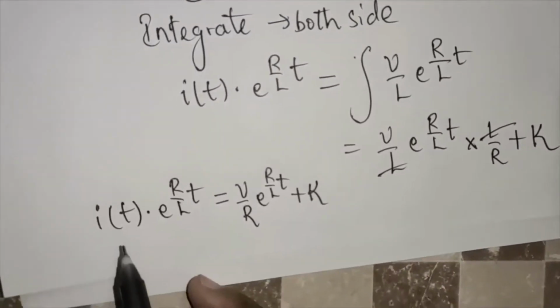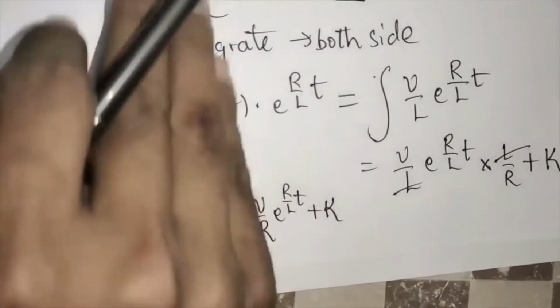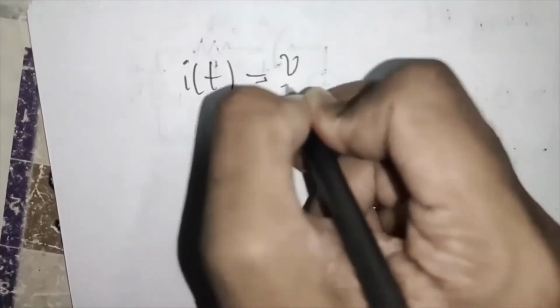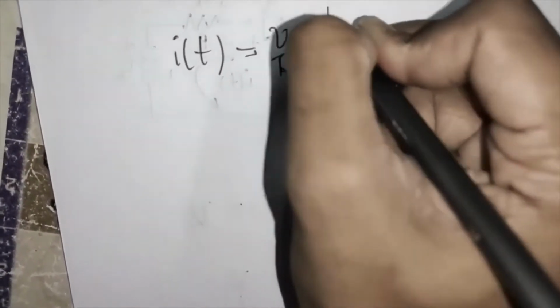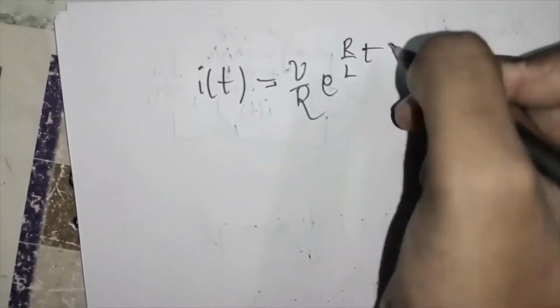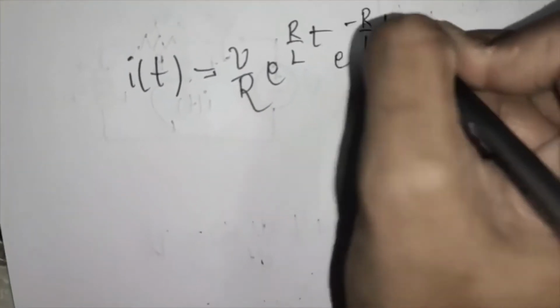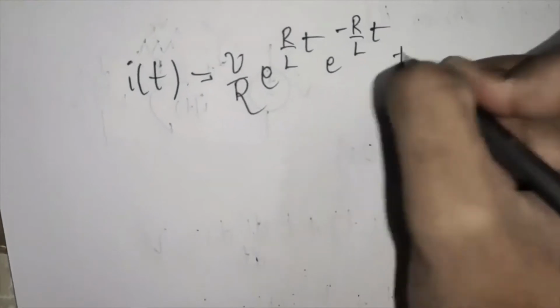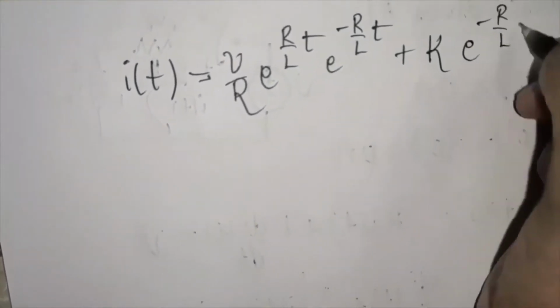I want the expression for I of t, so I'll send this term to the right hand side, and this expression becomes I of t is equal to V by R into e power R by L into t into e power minus R by L into t plus constant k into e power minus R by L into t.